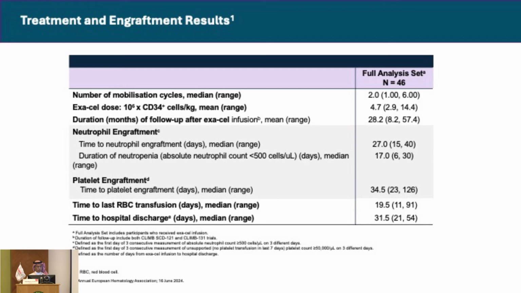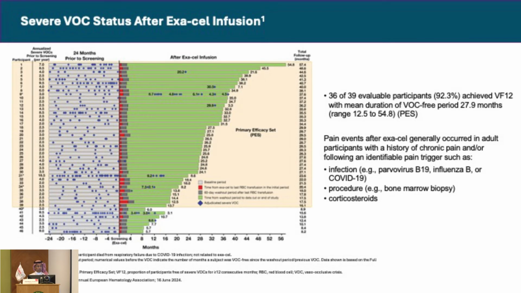Time from hospitalization to discharge is around 1 month, and this is the demonstration of the patients. As you can see, these are the painful episodes in these 39 evaluable patients, and then you can see the washout period of 60 days, and then the majority of them did not have any vaso-occlusive events, 36 of 39.